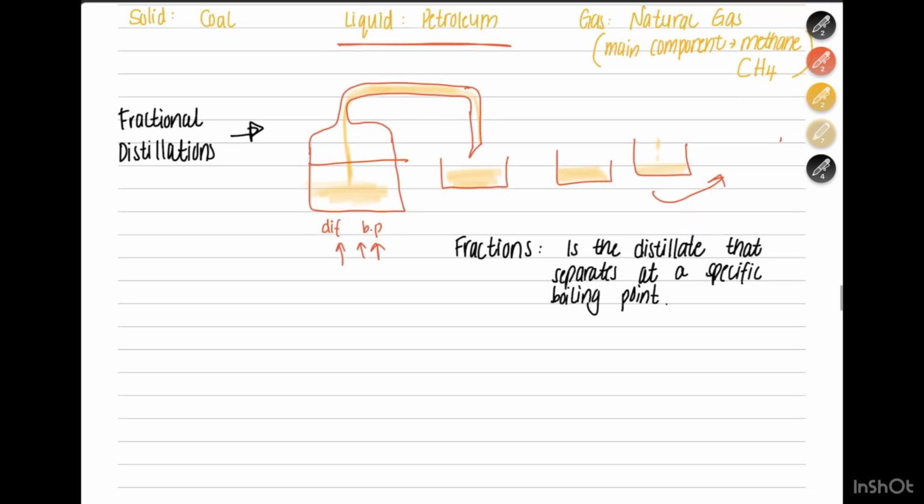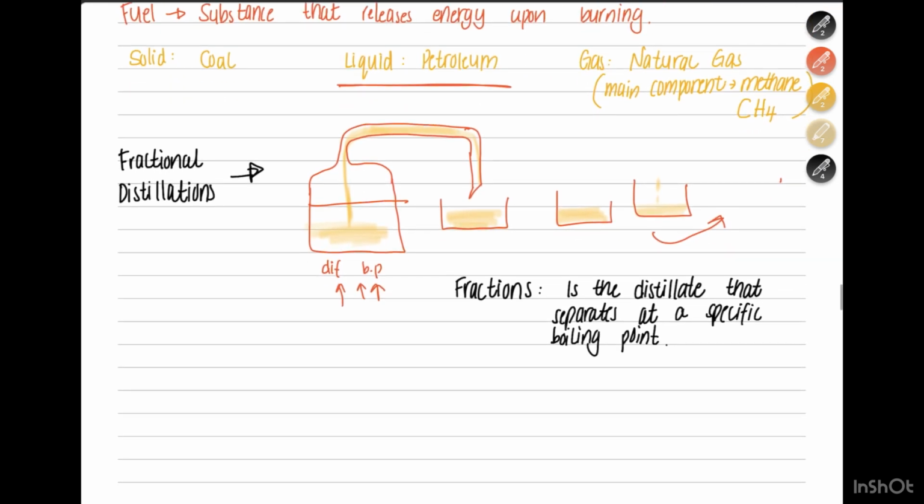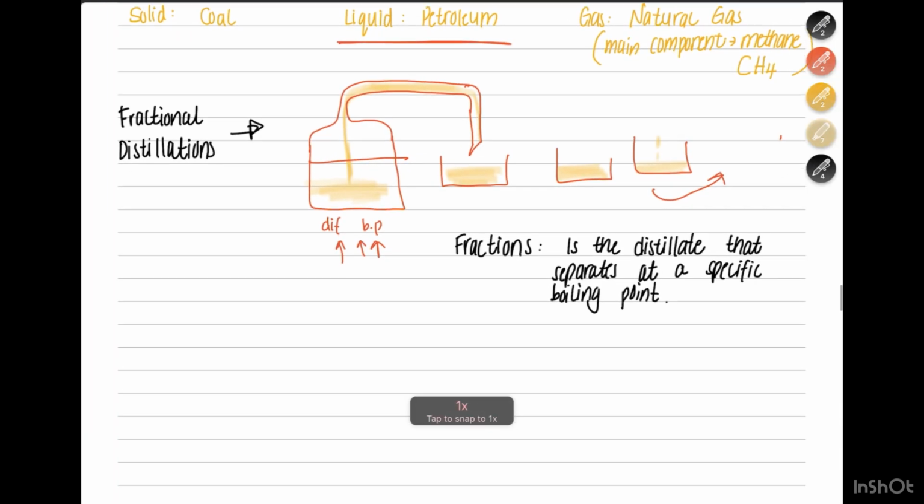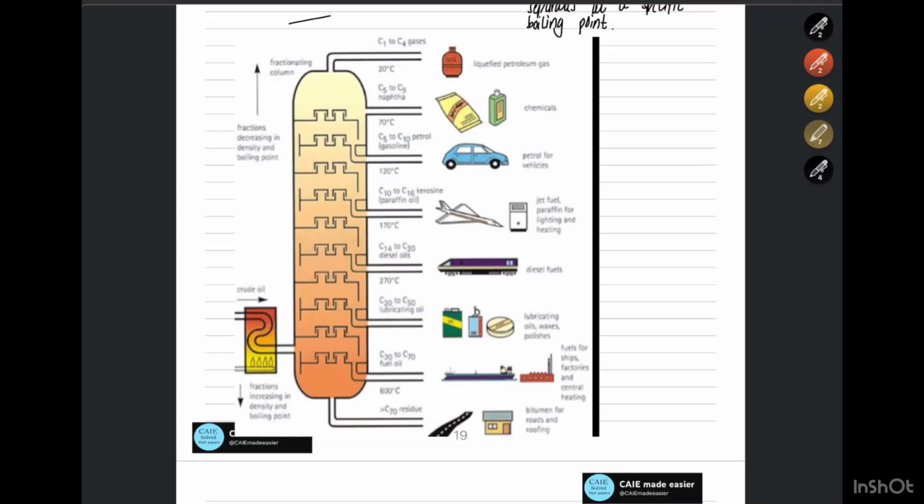Now, we studied petroleum. This is a liquid fuel. Fractional distillation is also applied on petroleum, so let's have a look at that. Alright, so here's what happens when our petroleum, or crude oil, but we'll use petroleum here, is heated. At 20 degrees, these gases are released.